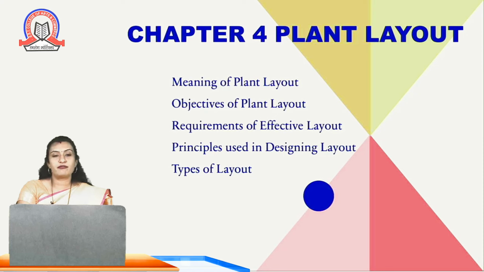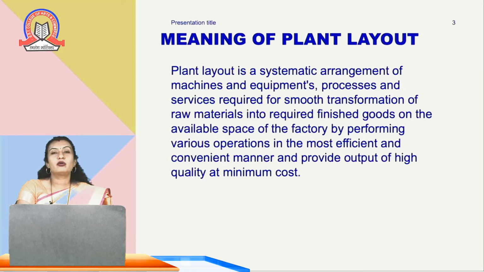So let's begin. First and foremost, the meaning of plant layout. Plant layout is basically a systematic arrangement of machines and equipments. So plant layout is very important, especially in a factory environment. In the factory premises, the tools and equipments have to be placed in such a way that there is proper movement of men, material, and there is a continuous production process happening, and the finished goods are being transferred safely to the warehouses.